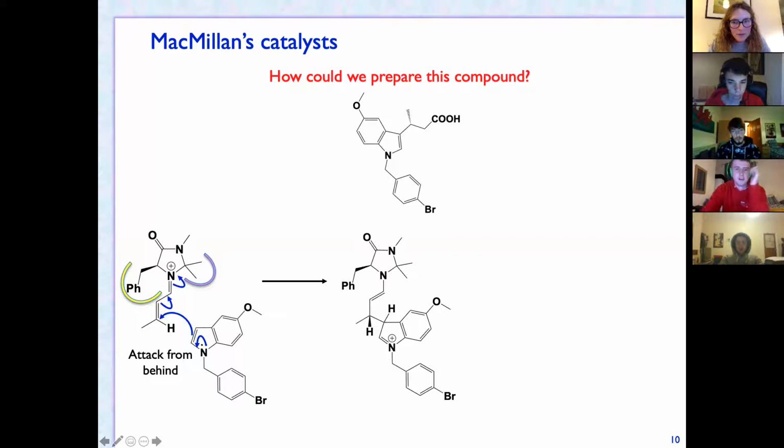From here, what happens? In order to show that the attack has happened from behind, I have shown this stereochemistry for this proton. It's clear, right, guys? Good.